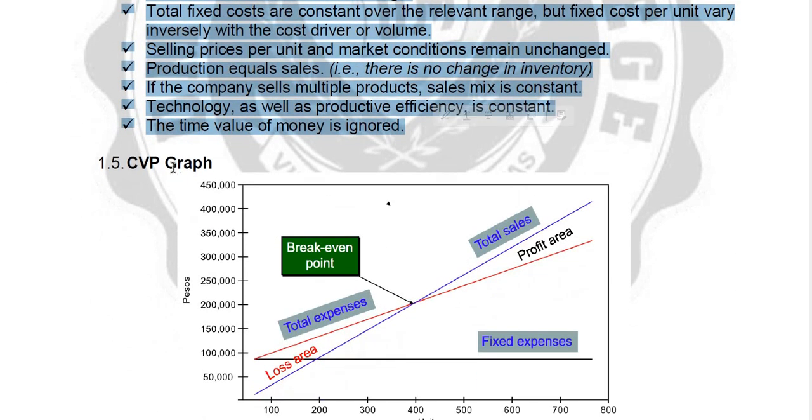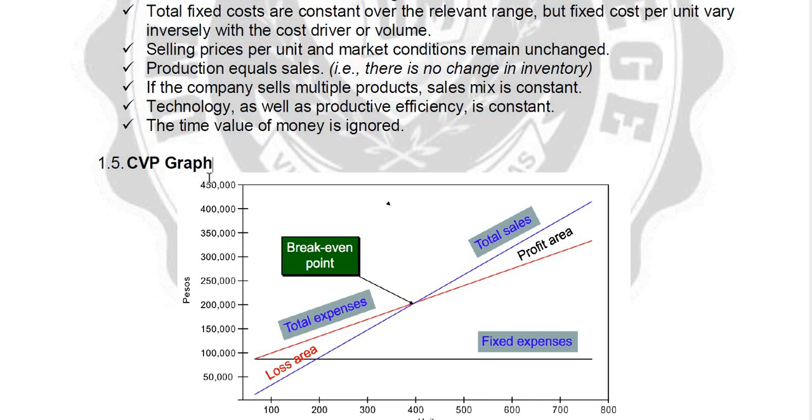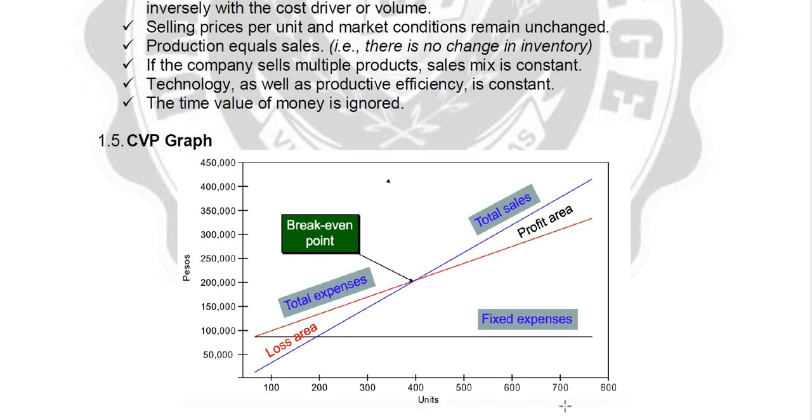So, let's go to this CVP graph. This y-axis represents the peso value, and on the x-axis, you have the activity level or units. This black straight line represents fixed expenses. As observed, our fixed cost is constant regardless of the activity level.